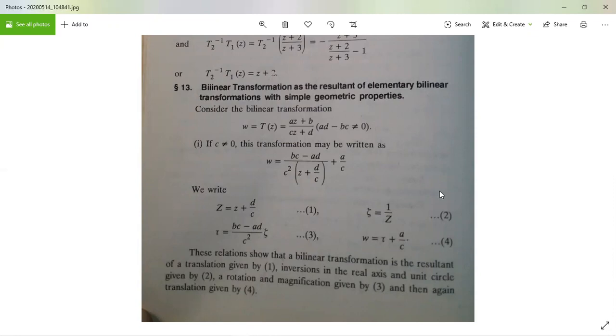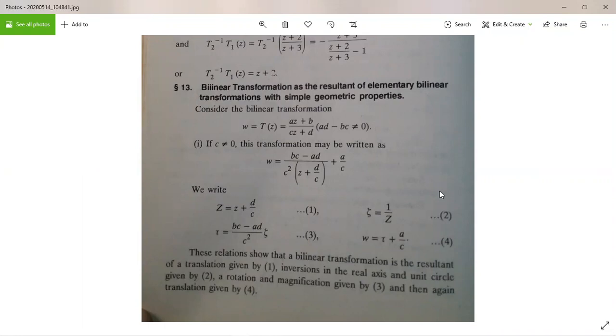If c is not equal to 0, this transformation can be written as omega equals ((bc minus ad) by c square) into 1 by (z plus d by c) plus a by c. This form can be written with the help of factorization.